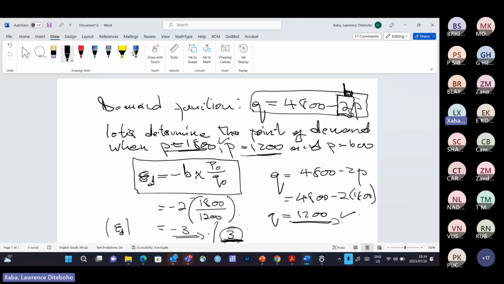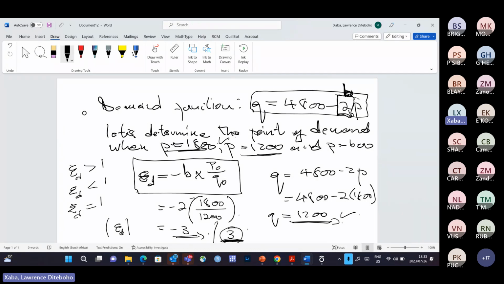Then we compare this value with our coefficient of elasticity. You remember we were given three cases of the coefficient of elasticity of demand: greater than 1, less than 1, and equal to 1.